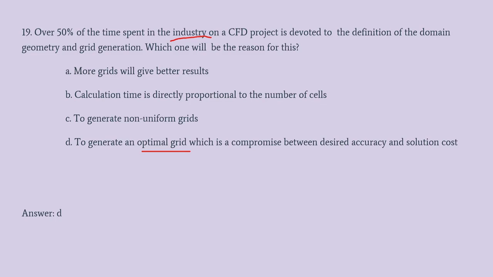If it is a 2D space, you can divide it with square cells, rectangle cells, or triangle cells, which will give better results. All such things are an entirely different branch of study from the geometrical perspective. So both are relevant in CFD calculation. That was my point. So here option D is the right answer.